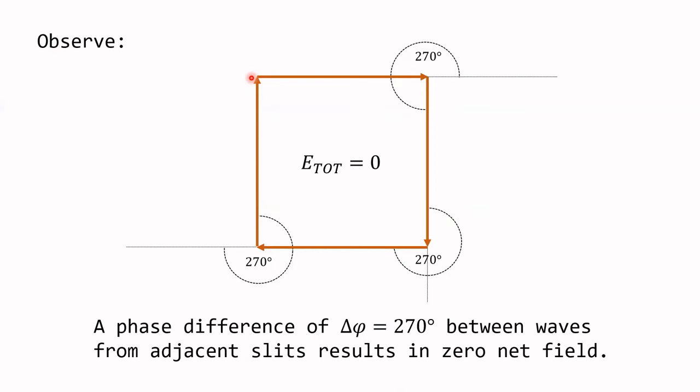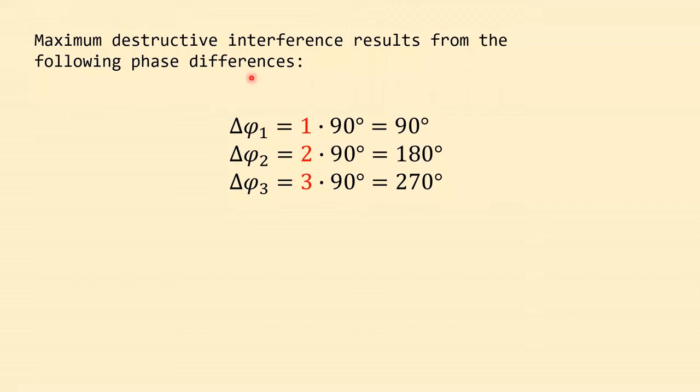So we've now found 3 phase differences between adjacent slits for which the total field amplitude is 0. 3 different phase differences that produce perfect destructive interference. That would correspond to 3 different directions in space away from the forward direction. So let's look at the pattern here.